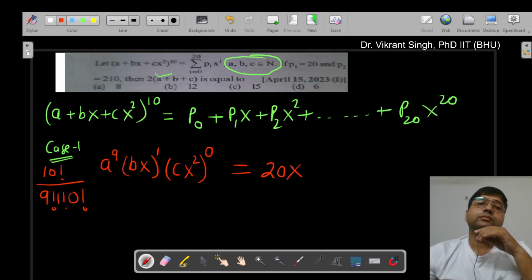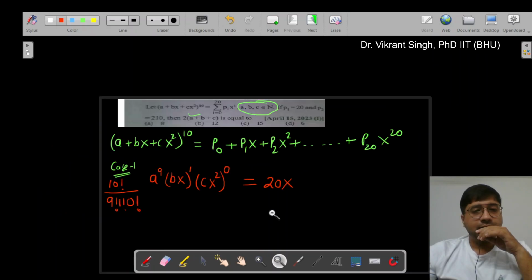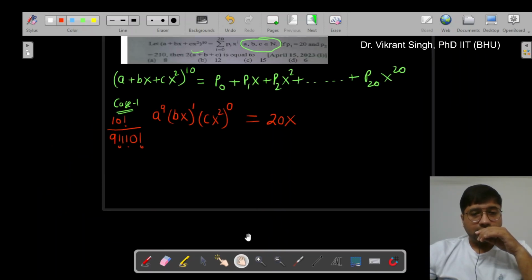Simplifying this, we will get 10 a to the power 9 b x equal to 20x.